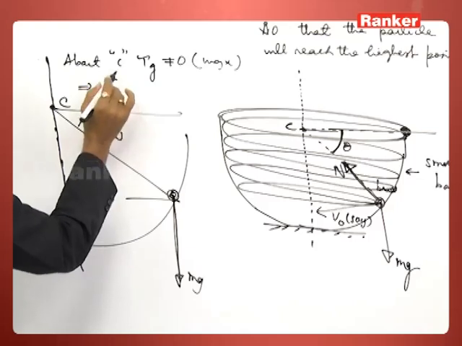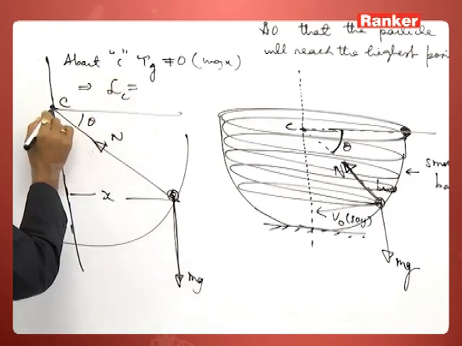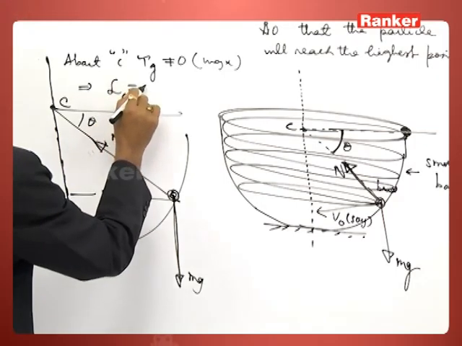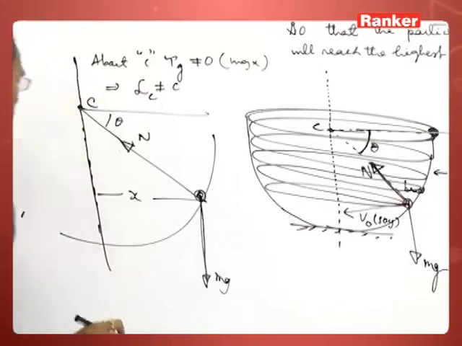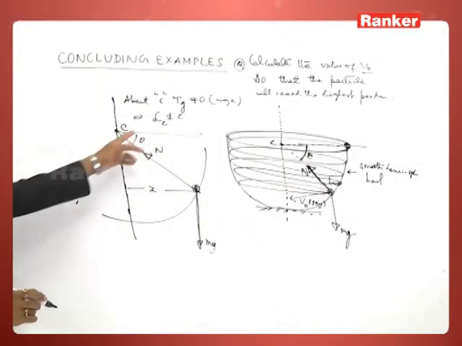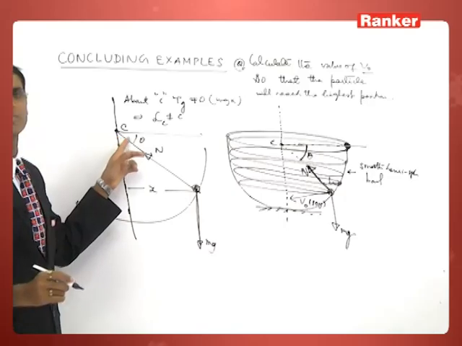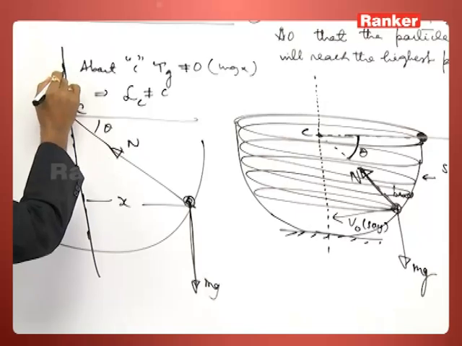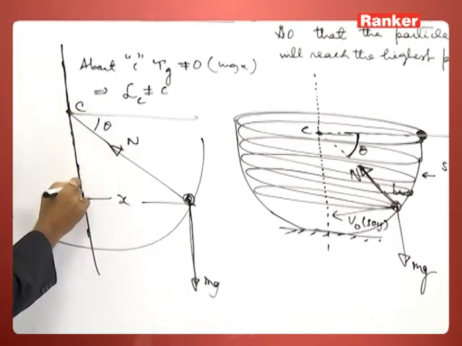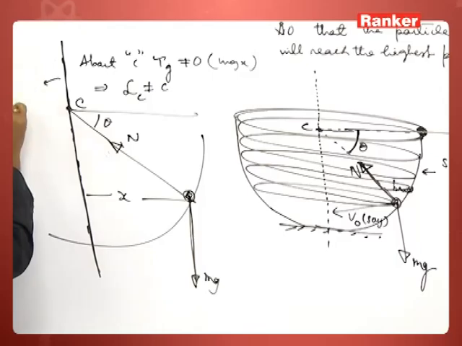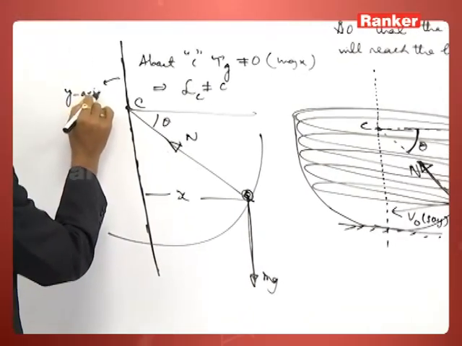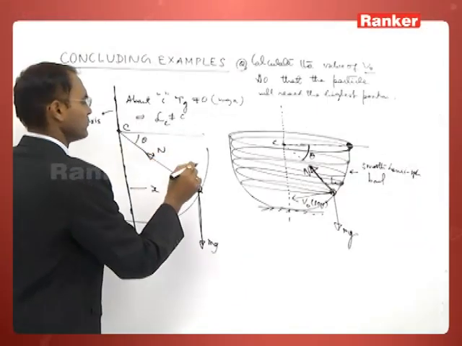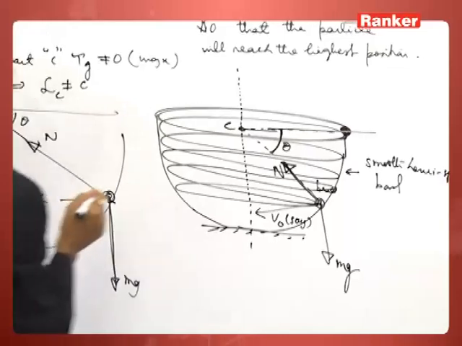Therefore, the angular momentum of the system about this point C cannot be conserved. You cannot apply the conservation of angular momentum about this point. But if you take this axis, the y axis, which passes through the center of curvature, the point C.